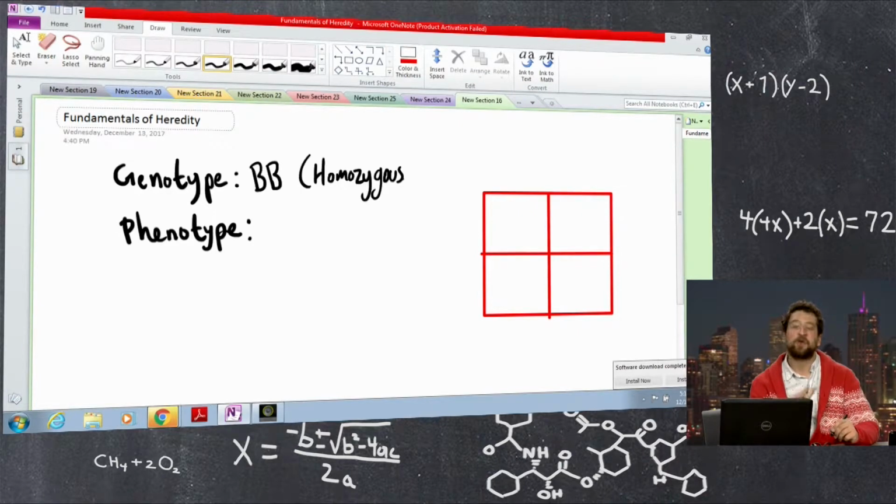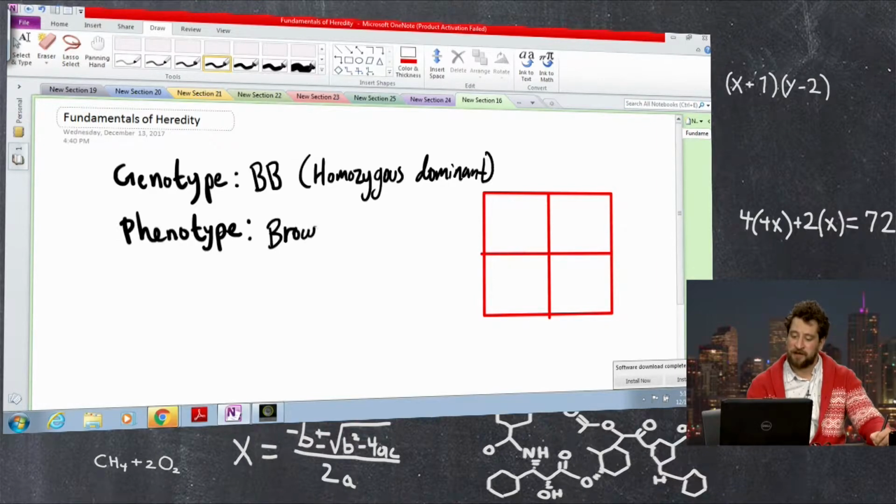In this case, those alleles are both dominant. So this is a homozygous dominant genotype. What's the phenotype of this person? Well, again, what trait is going to be actually expressed? This person has both dominant genes, so brown eyes are definitely going to be what's expressed. So this person's phenotype is brown eyes.